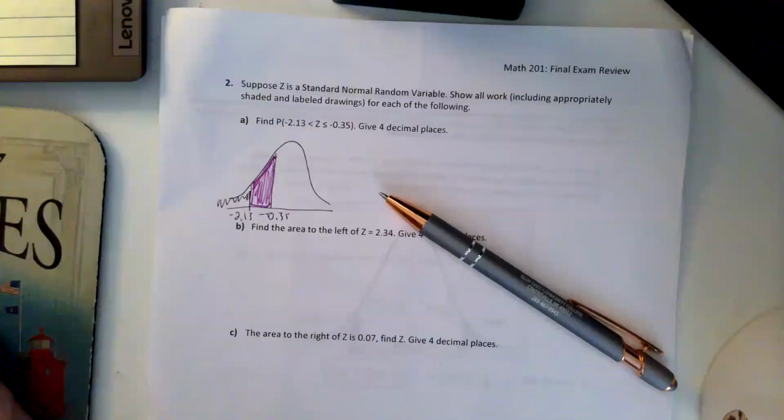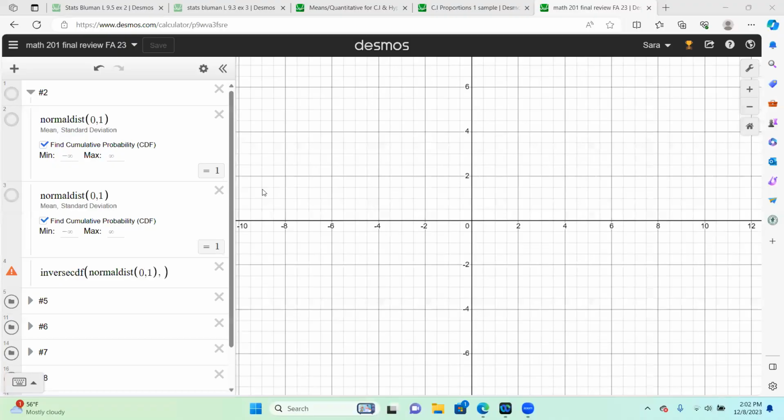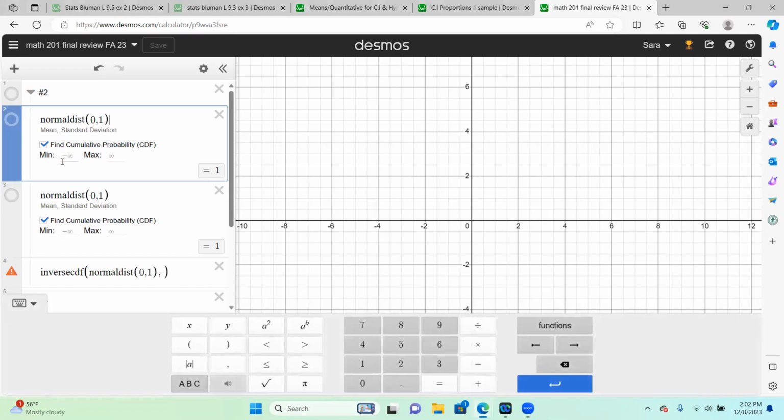So we're going to go to Desmos. The normal distribution is what we're going to use. And since we're dealing with the normal distribution, the mean is 0 and the standard deviation is 1. And we're going to put a negative 2.13 up to a negative 0.35. And it looks like that probability is 0.3466 if I round appropriately.